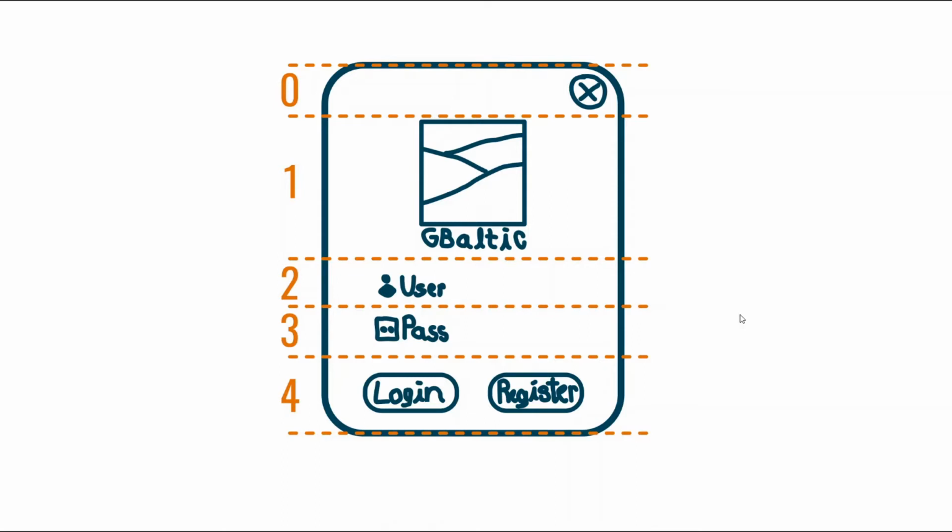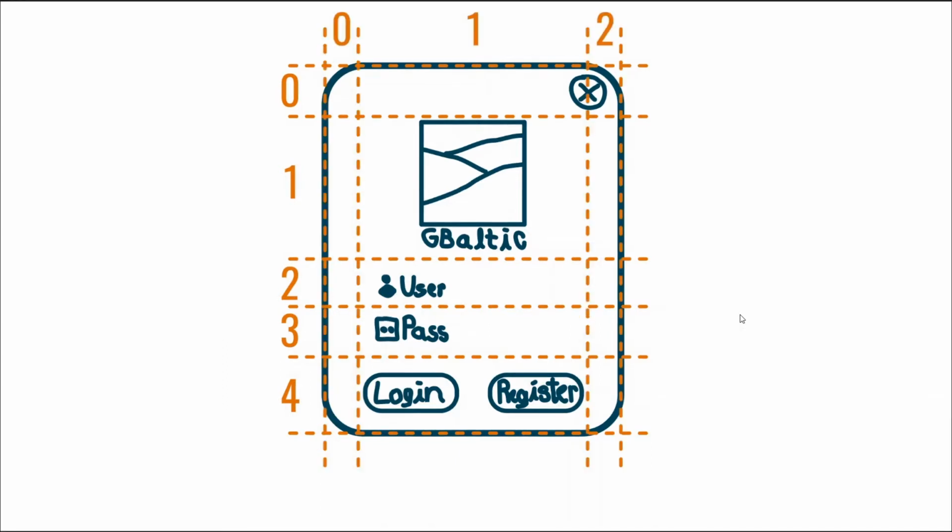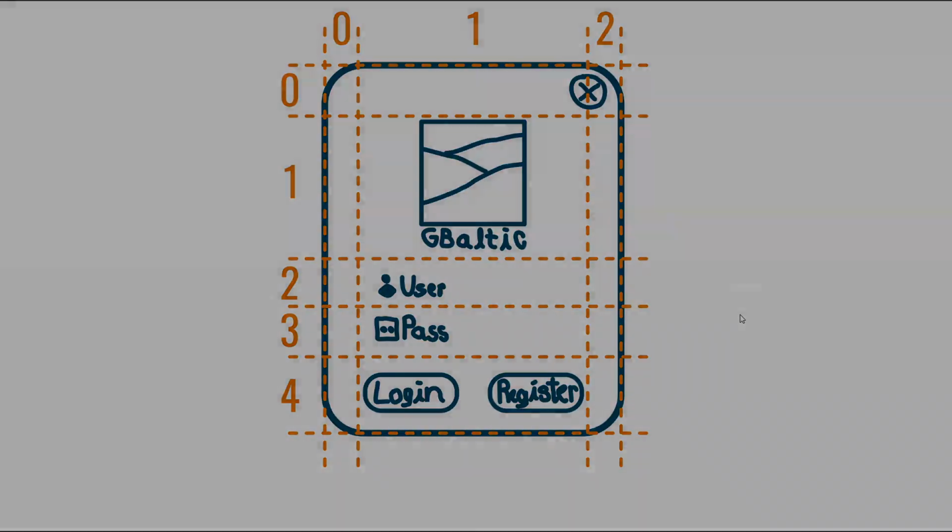We don't really need more than one column, but for you to understand better the way this grid works, let's add two columns at the sides as two margins, like this. So now let's keep in mind this sketch with the 5 rows we have and the 3 columns, and let's start coding.